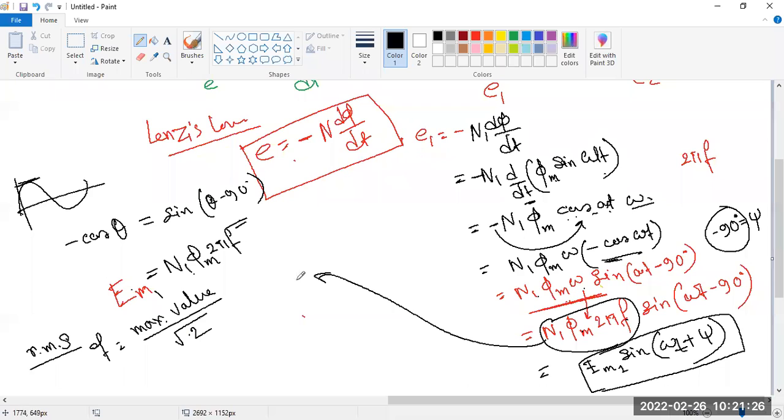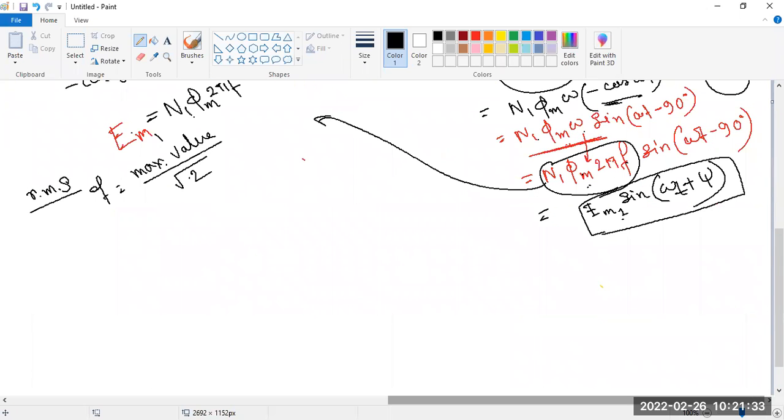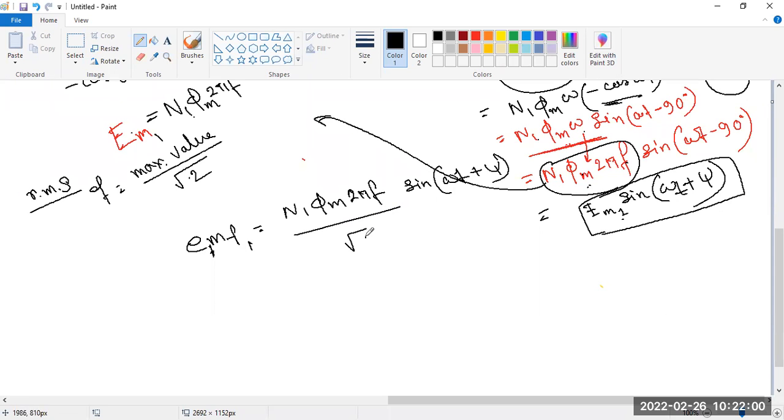So if we put that over there, I am writing this equation again, that is E1, the EMF at the primary. This is N1 phi m, omega means 2 pi f, under root 2.